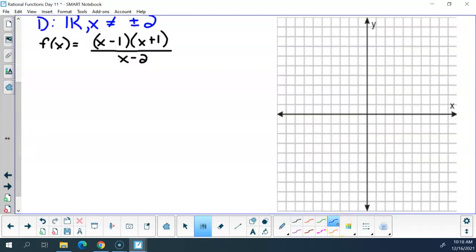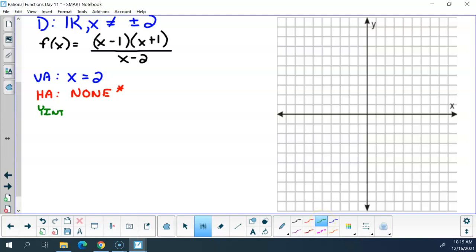Vertical asymptote, x equals 2. Horizontal asymptote, none, because the degree on top is 2 and the degree on the bottom is 1. So we've been calling that a none asterisk, because it differs by 1. So that means we have a slant.